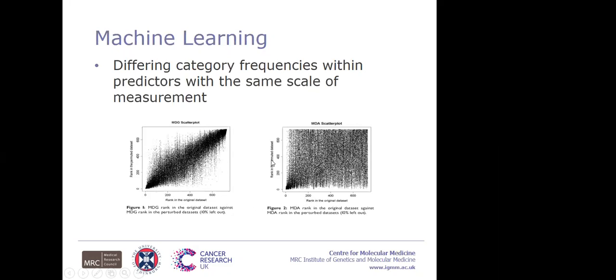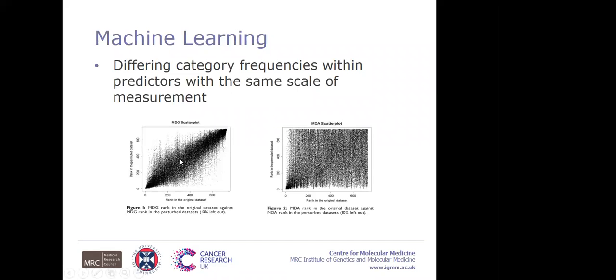Then they had taken 100 subsamples, 90% subsamples of the data, and they had rerun random forest on the 90% subsamples, so a sort of jackknife-type procedure. And then for each of those subsamples, they're plotting on the Y the rank in the data set with 10% of the observations not included.